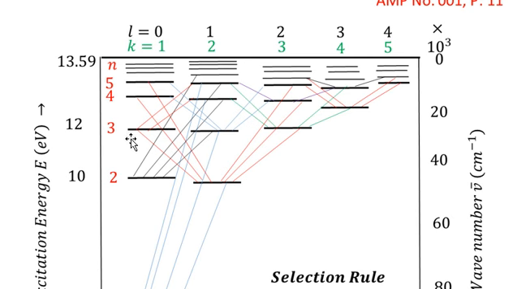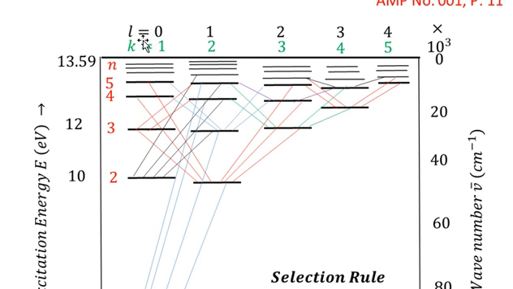For example, for the transitions on the leftmost side, we have L is equal to 0. In the middle, in the next one, L is equal to 1. In the next, L is equal to 2, and so on. So you see that the only transition allowed is delta L is equal to plus minus 1. That is, a transition of the level with the same value of L is not allowed.